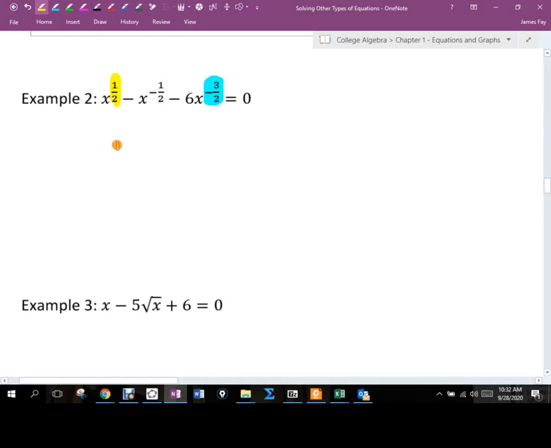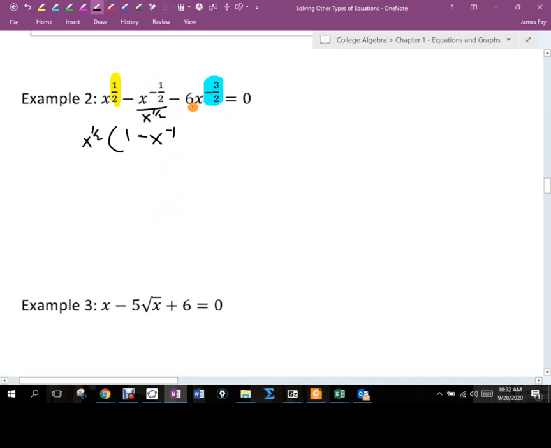Okay, so if I factor out an x to the 1/2, that first term is going to be just 1, correct? Factor out an x to the 1/2, so now I'll have negative 1/2 minus 1/2, which will be minus x to the negative first.